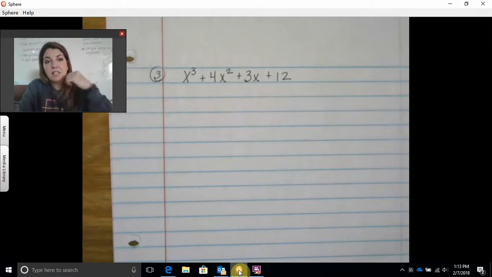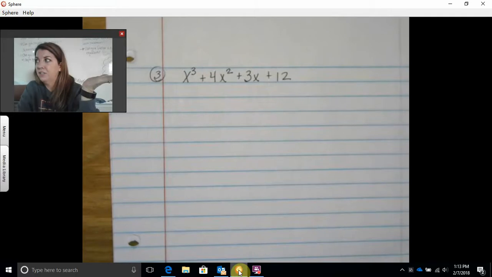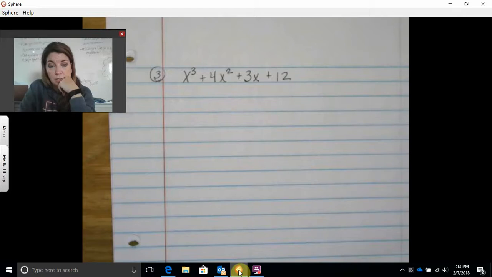So is this a quadratic? Nope. So we can't factor by t-chart and divide and slide. Oh, is there a greatest common factor? No. Is it one of those we just talked about where it's a quartic and we can write it as a quadratic? No. Is it a difference of two squares?